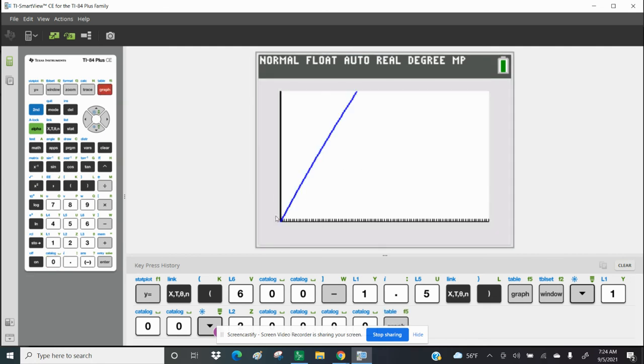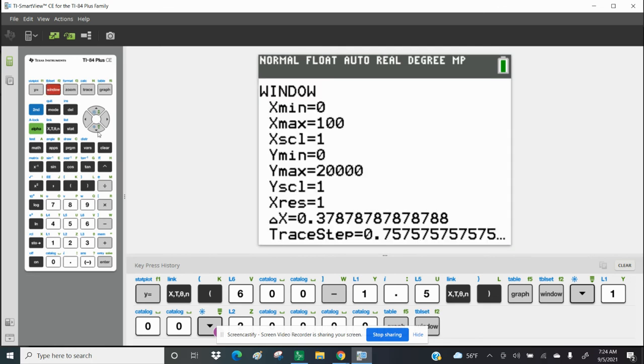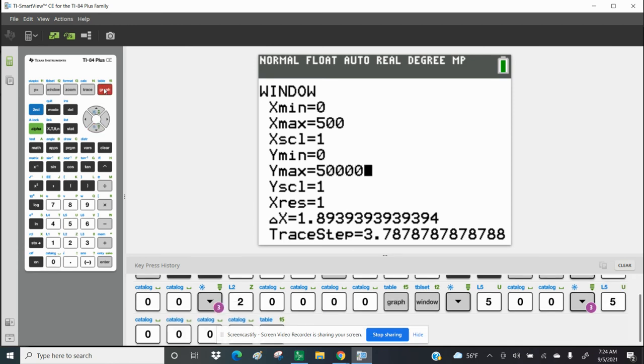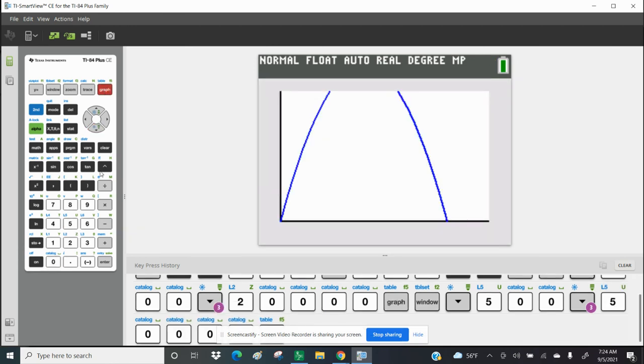All right. So now I can see by looking at this graph that this probably comes up and around and down like this. So I'm going to need a lot more x's and a lot more y's. So let's go ahead and try our window. Let's go up to, I don't know, 500 on my x's. And let's go up to 50,000 on my y's. And hit graph again. All right, so now I have a little bit of a better window.